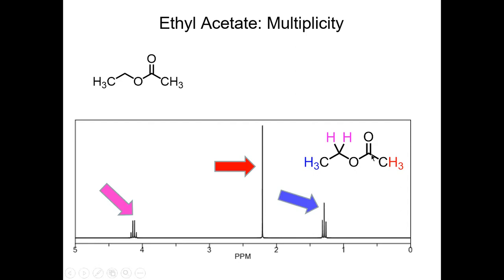Then none? None, exactly. So for this set of protons, N will be 0. So N is 0, N+1 is 1. And so, boom, it's going to be a singlet. It's one line. It's not split. All right? So it's a singlet. And then we look at the blue protons. How many neighbors does the set of blue protons have?